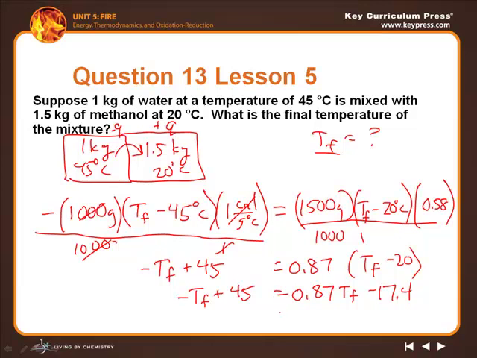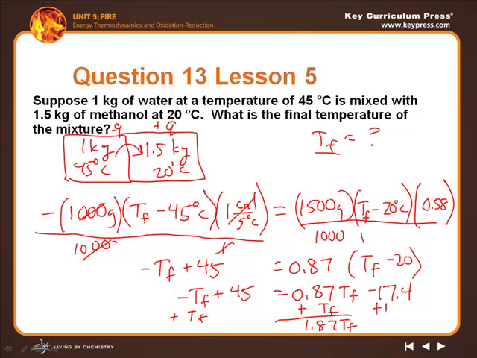When you have a variable without a number in front of it, you can assume the number in front of it is 1. So we add plus temperature final to each side. This means this is going to be 1.87 temperature final.